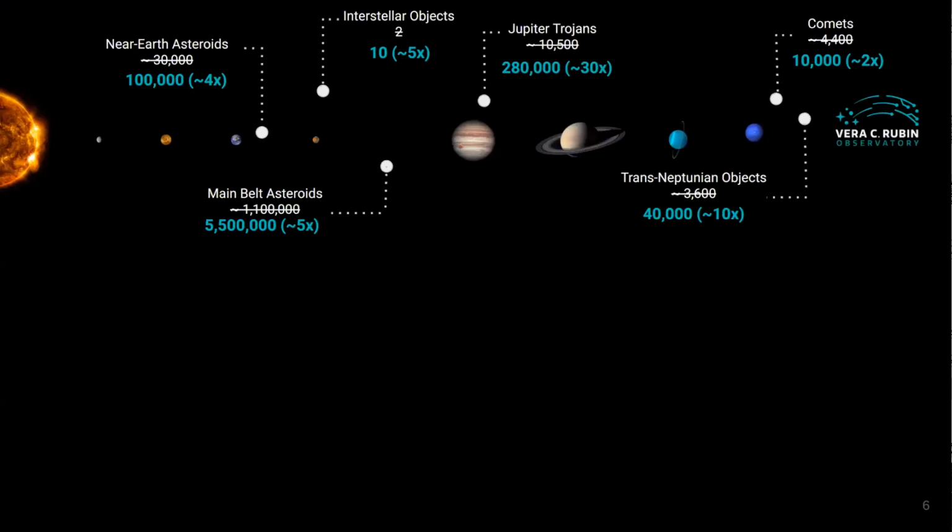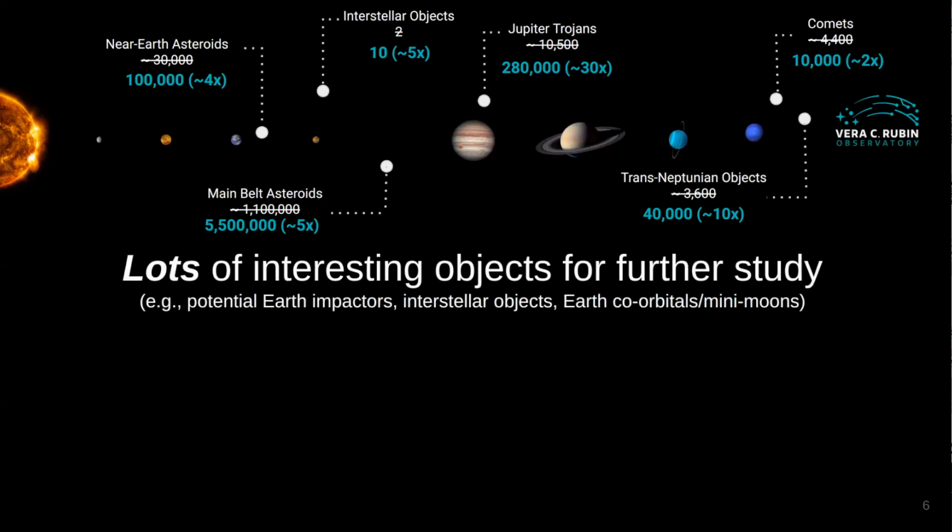Next slide, please, Joachim. This huge data set with these millions of small body discoveries is very likely going to include a huge number of objects that are really interesting for further study, beyond just adding them as a number to the inventory list of objects discovered in the solar system.